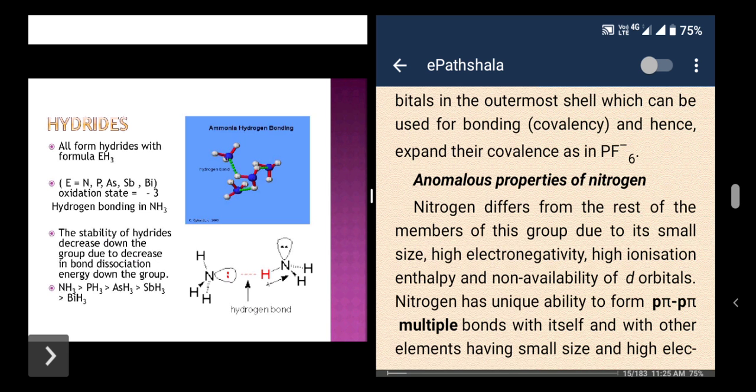Before anomalous properties of nitrogen, we'll look at the hydrides. All form hydrides with the formula EH3, where E stands for the nitrogen family: nitrogen, phosphorus, arsenic, antimony and bismuth. The oxidation state is -3, as I said.